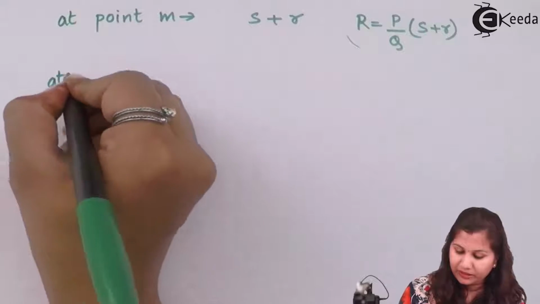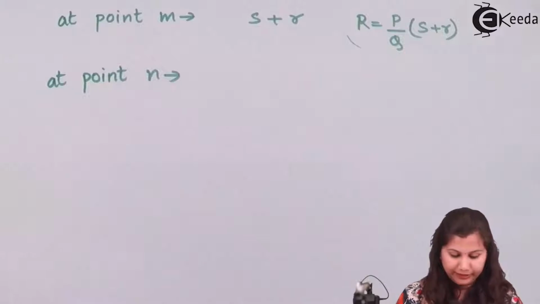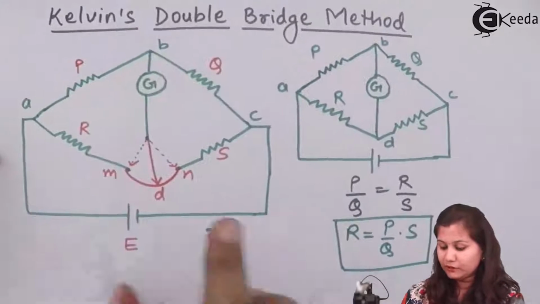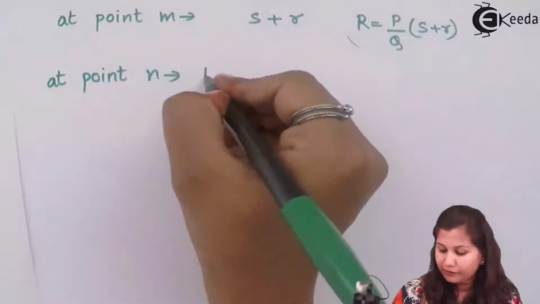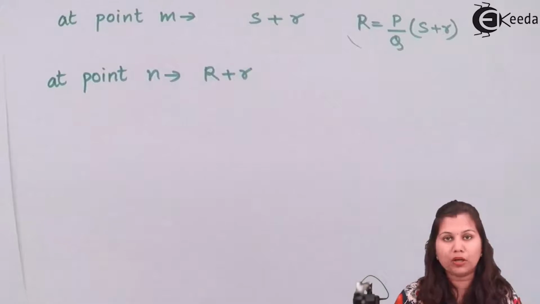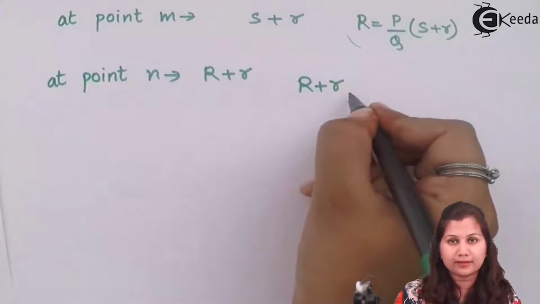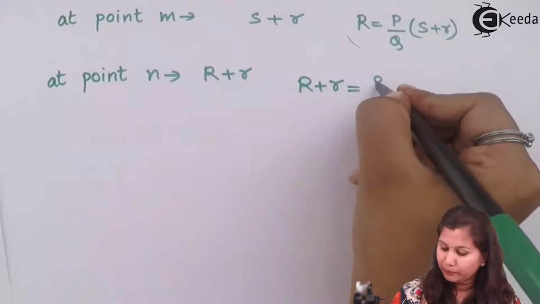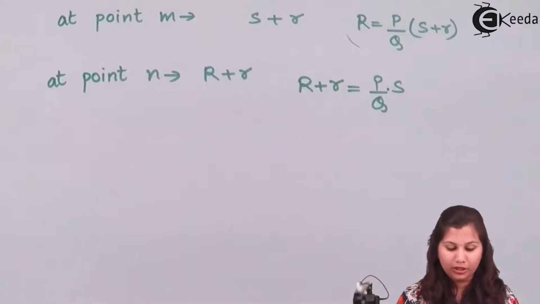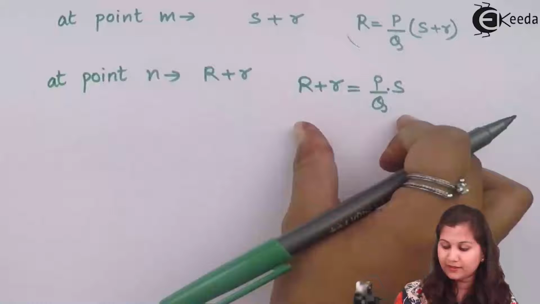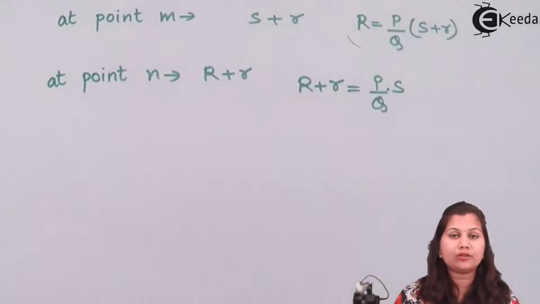Now when the galvanometer is connected at point N, the resistance of the connecting lead is added to the unknown resistance, so R will become R plus small r. Here the ratio will become R plus small r equals P by Q into S. In both cases, the value of the resistance we get is not the true value.